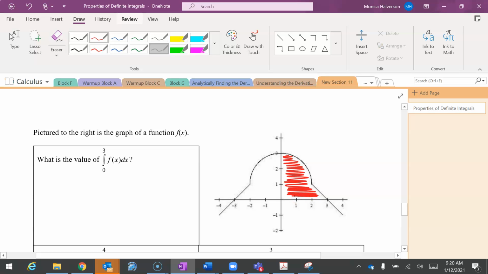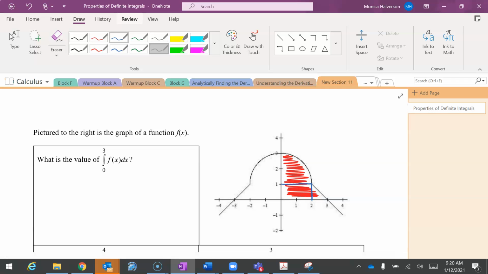Now, we have no other values given to us. So the only way we know how to do this is by using geometric area formulas, where we have a quarter of a circle, a rectangle, and a triangle.